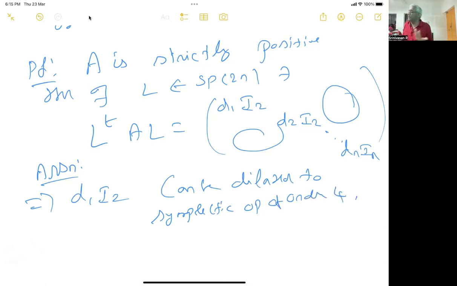Now we know that a direct sum of matrices, where each matrix admits a symplectic dilation, also admits a symplectic dilation. Because of that, it follows. So each D1 I2 can be dilated to a symplectic thing. So this implies L transpose AL can be dilated.